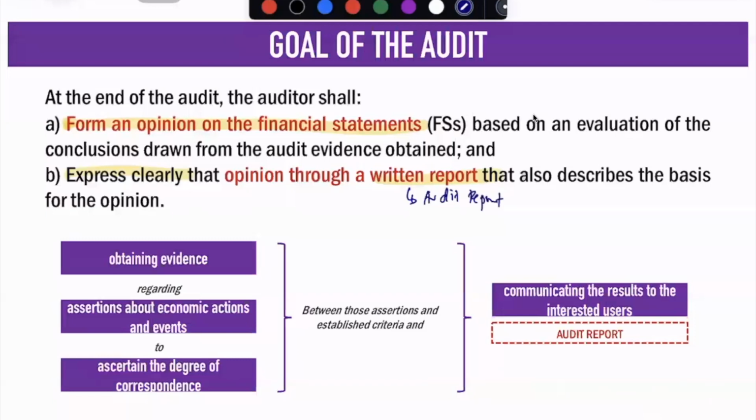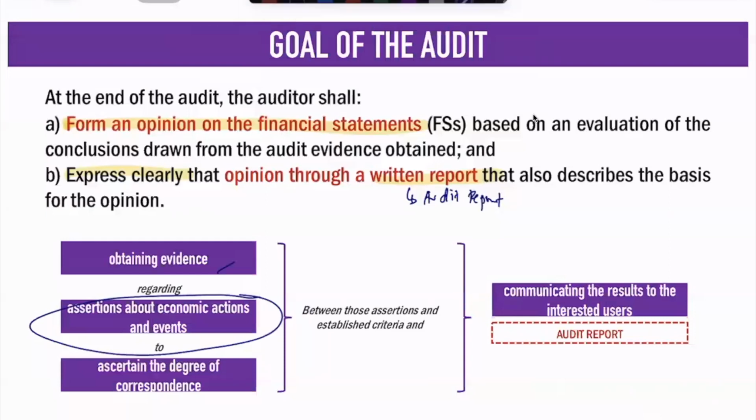So how do we form an opinion? Generally, first we obtain evidence regarding the assertions of the management, and those assertions are about the economic actions and events pertaining to the entity. Now, the auditor will ascertain the degree of correspondence between the evidence on the assertions and also the PFRSs, which is the criteria, right?